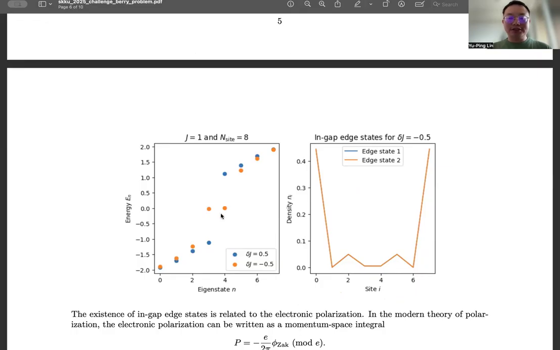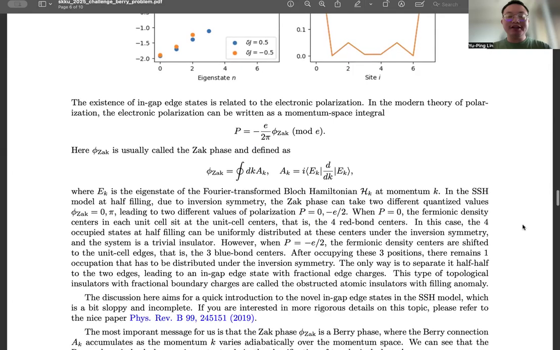An important result is that these in-gap states are edge states, that is, their densities are concentrated on the edges, and we want to know how to understand that. There is a nice feature that the edge states can be related to the fermionic polarization. And the fermionic polarization can be related to a Berry phase in the momentum space.